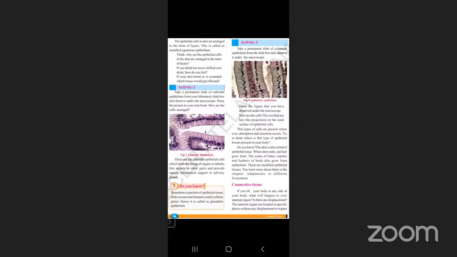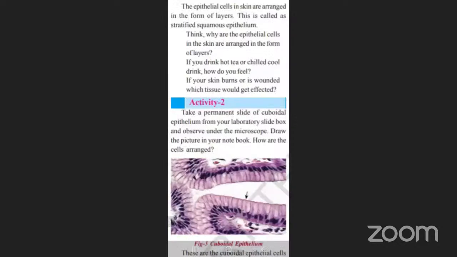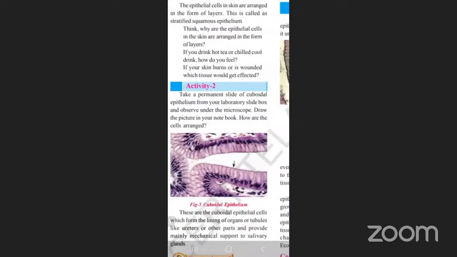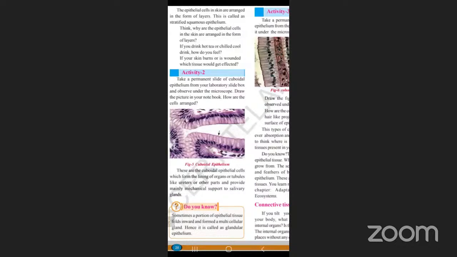The epithelial cells in skin are arranged in the form of layers.